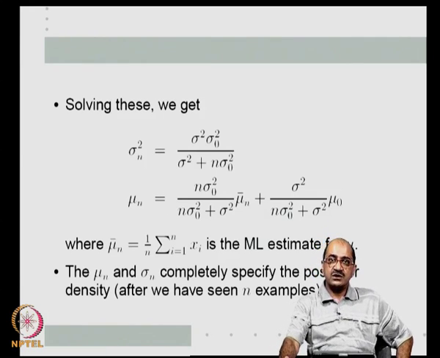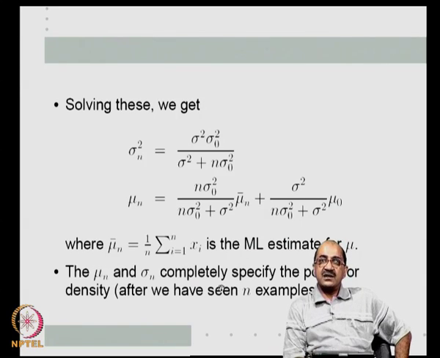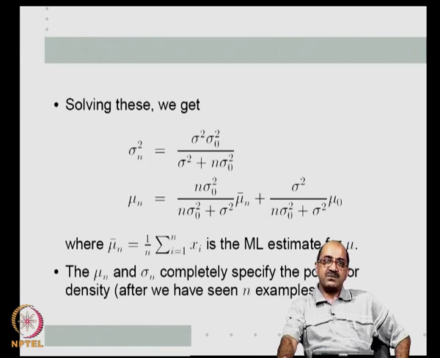Just a word about why we chose this notation. We think of mu n and sigma n as the posterior density after we have seen n examples. In that sense, mu 0 sigma 0 is the density when we have seen no examples, that is the prior, right. So, because mu 0 sigma 0 is for the prior, mu n sigma n are the parameters of the posterior Gaussian after we see n examples.